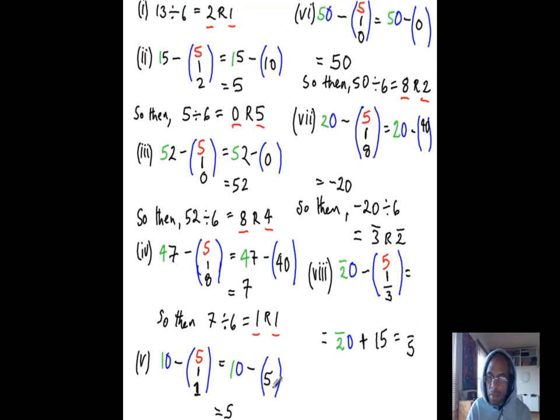And the last part of the calculation is, so then minus 5 divided by 6 equals, can't do it, can you? Minus 5 divided by 6 is equal to 0, remainder minus 5. You can't actually do that calculation.